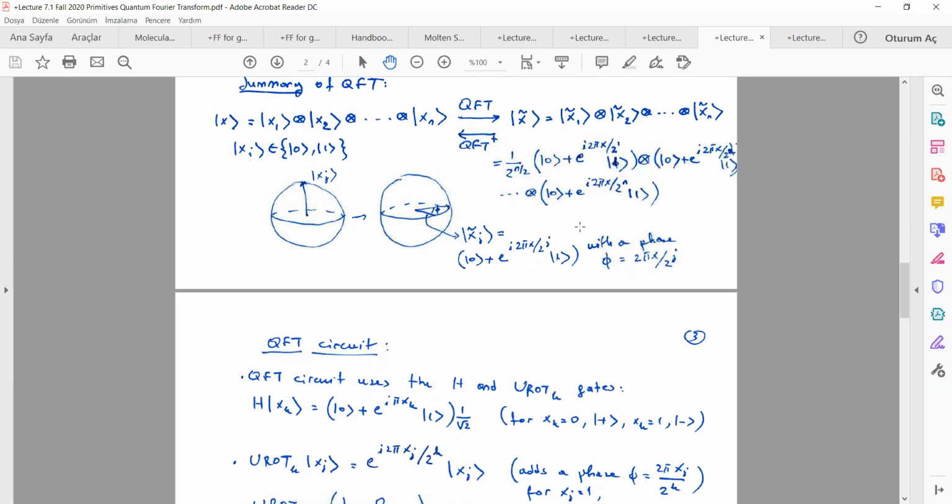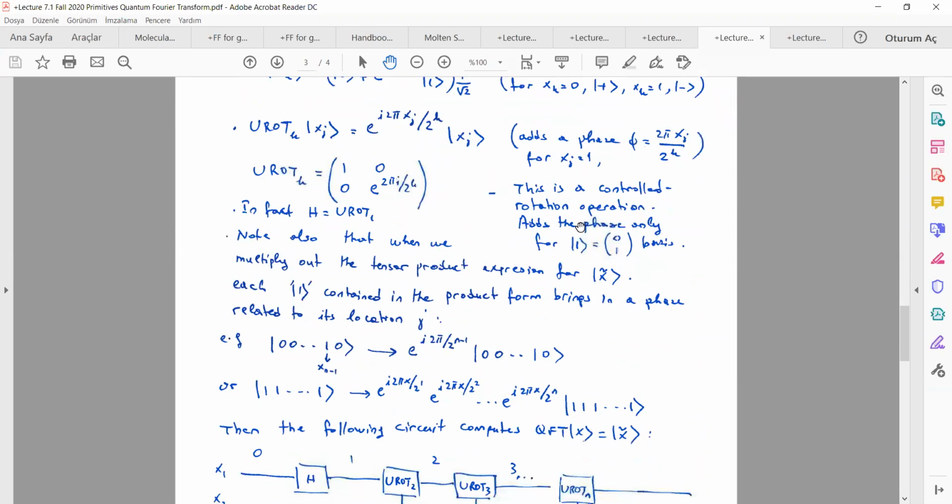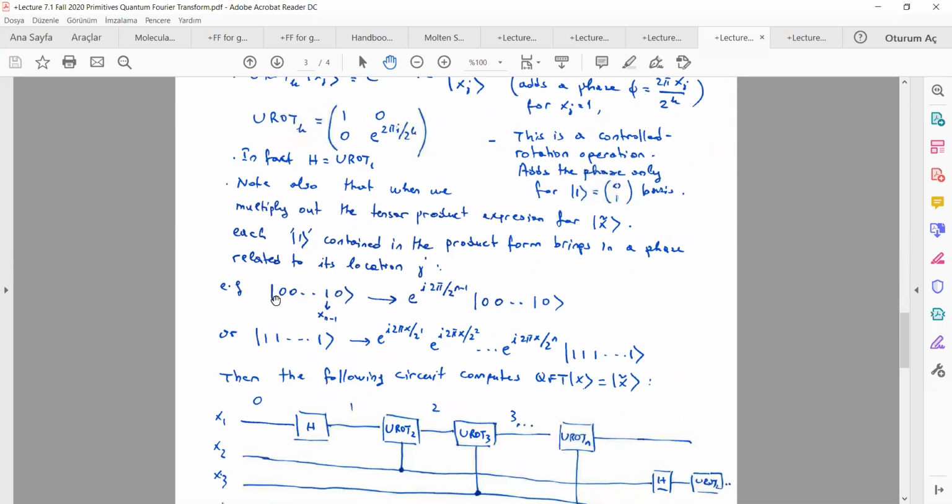But if you multiply this out, if you compute this tensor product, you would end up with phase terms that are related to the position of the one state in the input. For instance, a term like this: if you have 1 in the n minus first location, it would bring in a term like e to the i 2 pi over 2 to the n minus 1 phase in front of the quantum state.